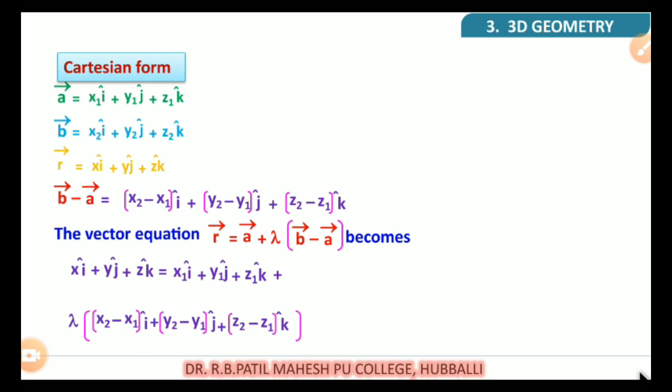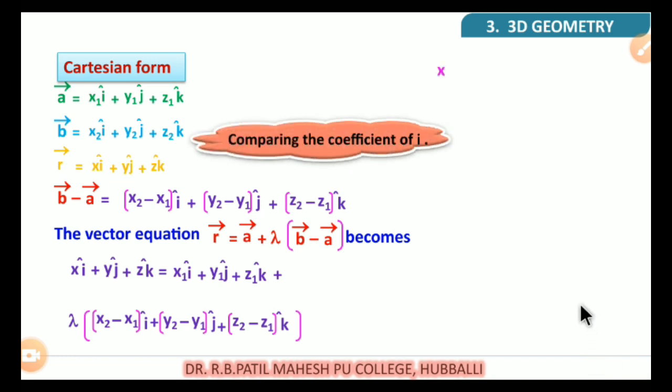Now compare the coefficients of i on both sides. This is i and it is also i here. Compare the coefficients after multiplying lambda to all these three terms. So we have x is equal to x1 plus lambda into the bracket of x2 minus x1.